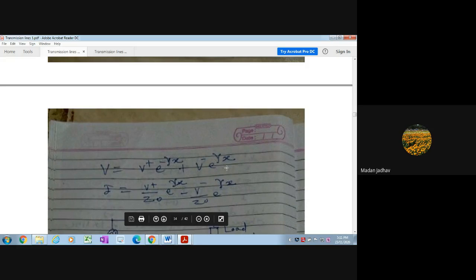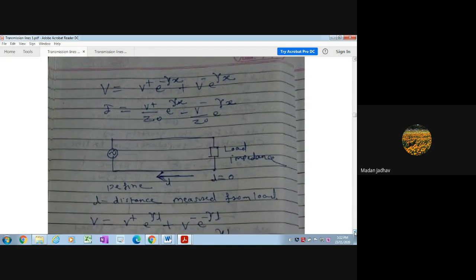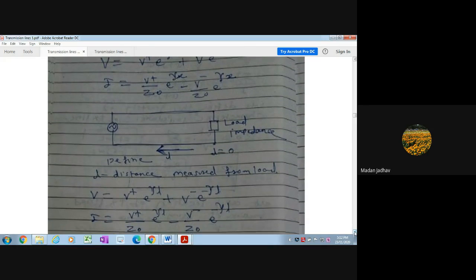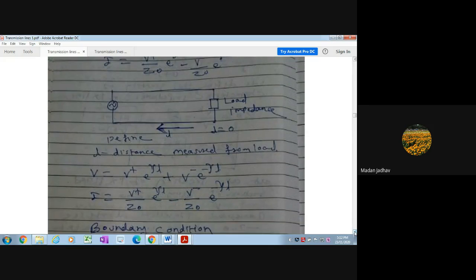Now these are the equations for the voltages and the current for the transmission line. Forward wave and reverse wave exist. We have seen the equation for the characteristic impedance, and also the equations for the voltage and the current for the transmission line.